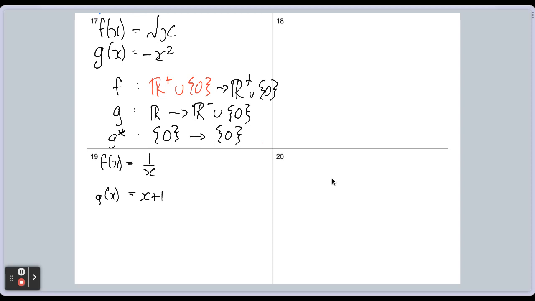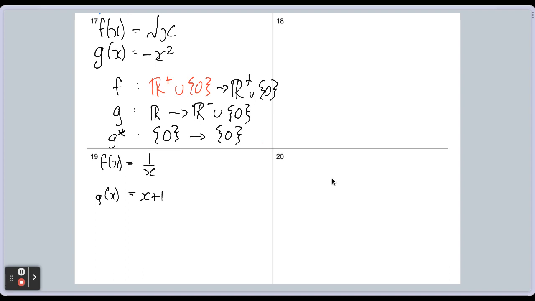So G star will go from {0} to {0}, and that is a subset of this. Okay? So I didn't mean to make it tricky, but the tricky thing is that I said put that there, and that's true in your thinking. You have to put that there in your thinking, but actually the range is going to be smaller than that in this instance. Okay. Next one.